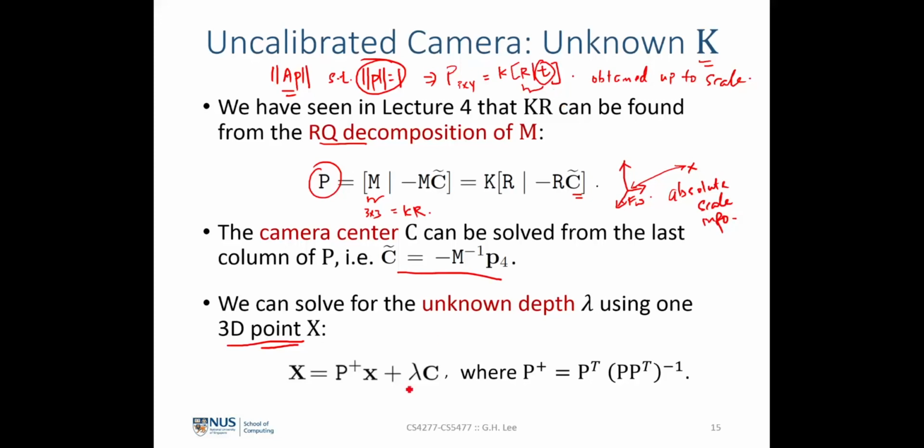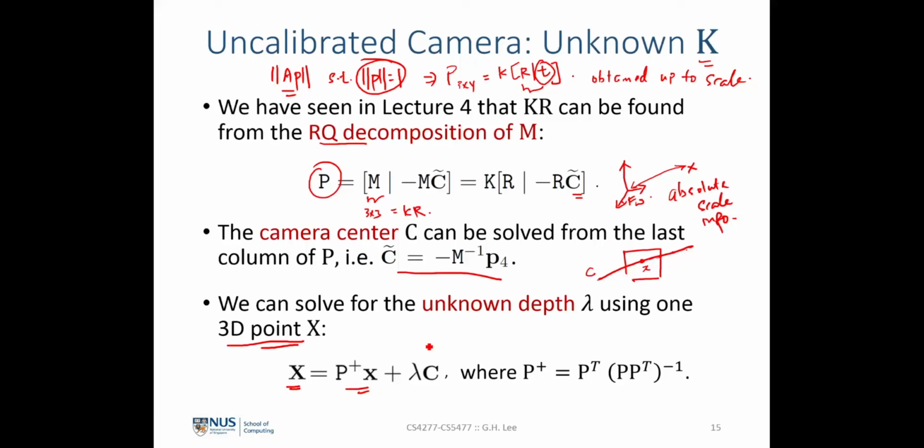And this can be easily done by looking at the ray equation that we have seen earlier on in the lecture. This actually means the set of points lies on the light ray. So X here is actually a light ray, where the beginning over here is the camera center, C, plus the pseudo inverse multiplied by x. x is the image point over here, and if we take the pseudo inverse multiplied by the image coordinate over here, we will get any point on this light ray.